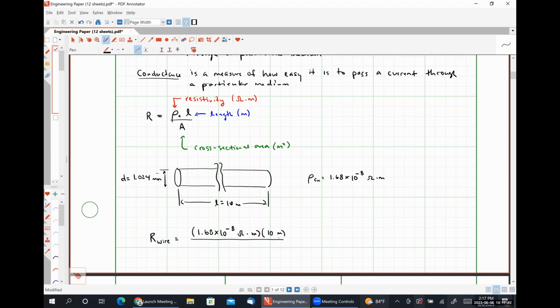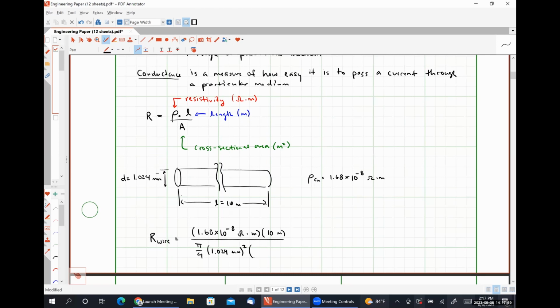Because we're given the diameter, we're going to use pi over 4 times the diameter squared. So here we have pi over 4, 1.024 millimeters squared, and then a conversion factor.